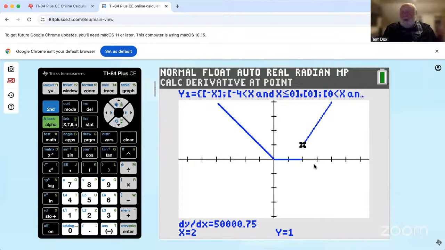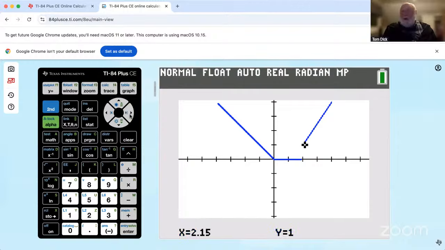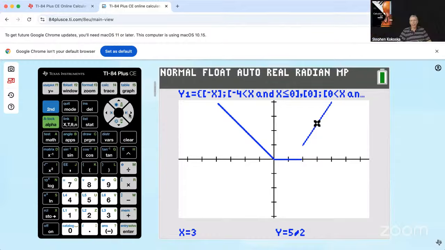Could you try it at 0 too, Tom? Sure, yeah. In fact, excuse me, let me turn that trace back on. Let me go somewhere like 3. Okay. Let's do the slope here. So I'll do a calculate.